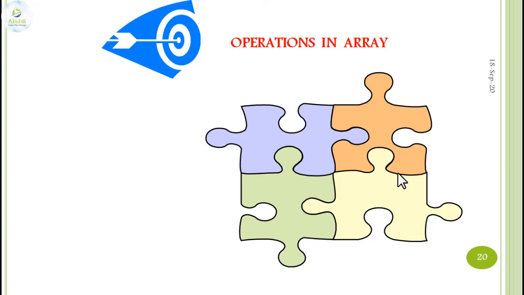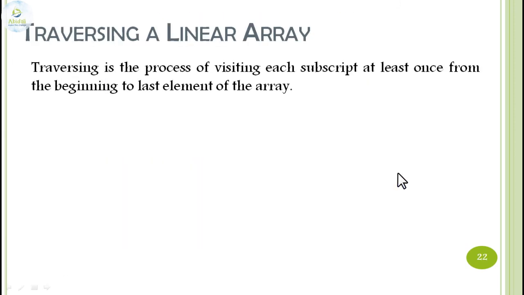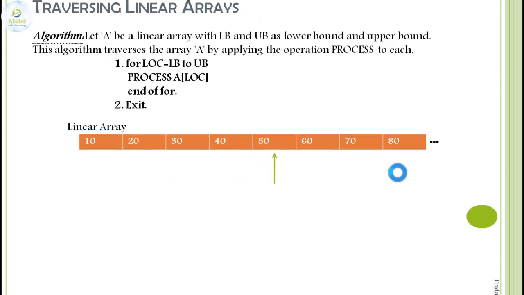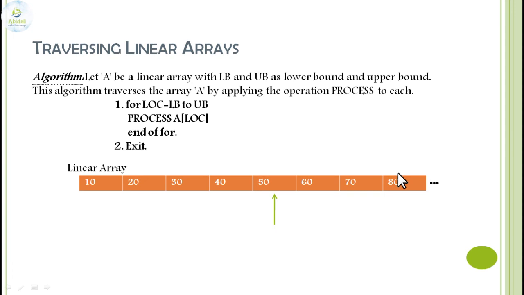Next, we will see how the algorithm starts processing. This algorithm starts processing from LB to UB. It processes the array called A at a position called LOC and performs some operation.